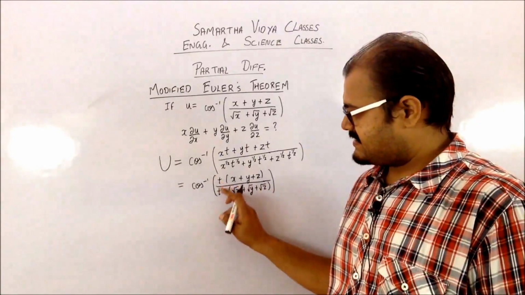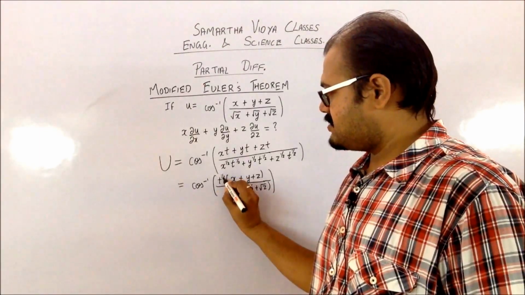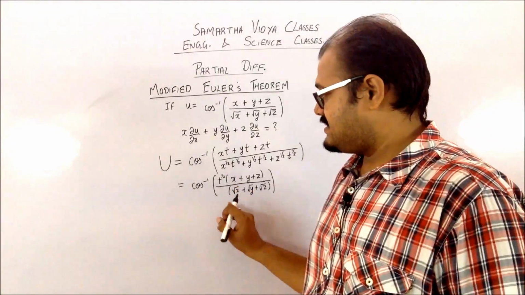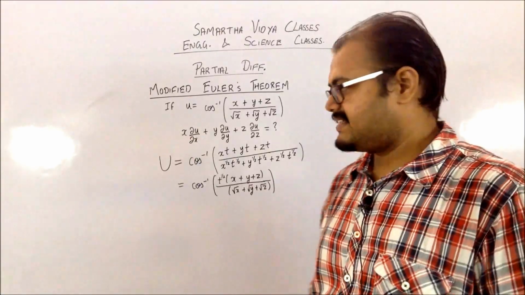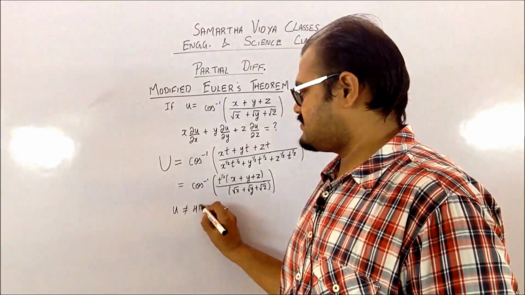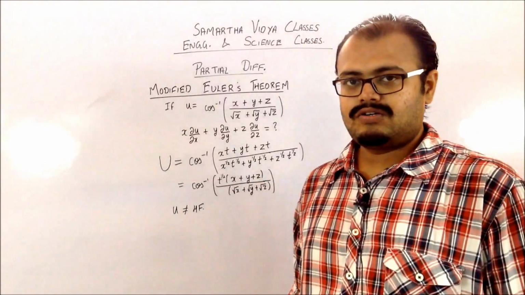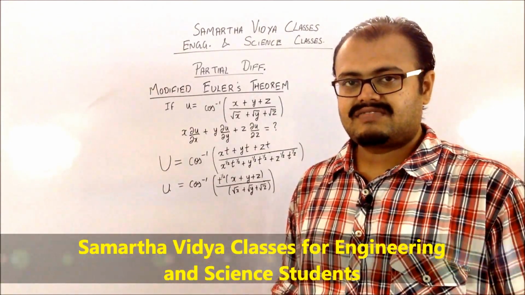Now you can see that the t can be divided, so this becomes t raised to half in the numerator. But this cannot represent your original function. So basically your u is not a homogeneous function. So you have got u as a non-homogeneous function.